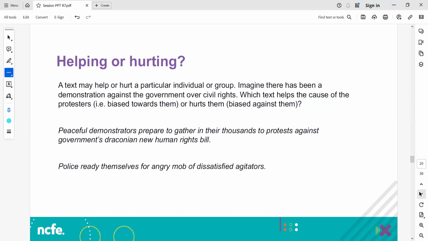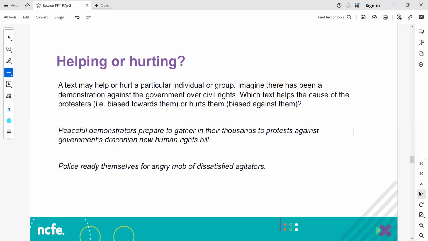Those words have been used to elicit sympathy from the reader and make us think that these peaceful protesters have a good reason to protest.